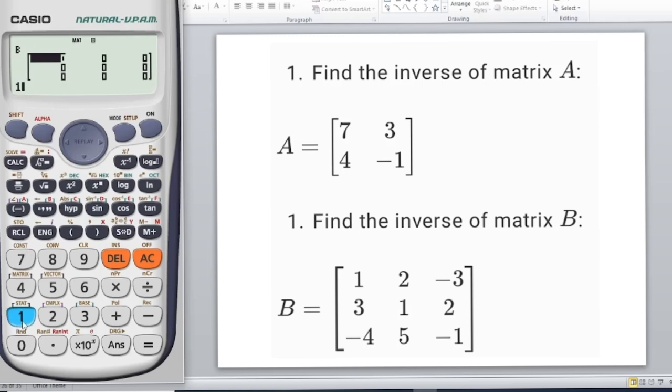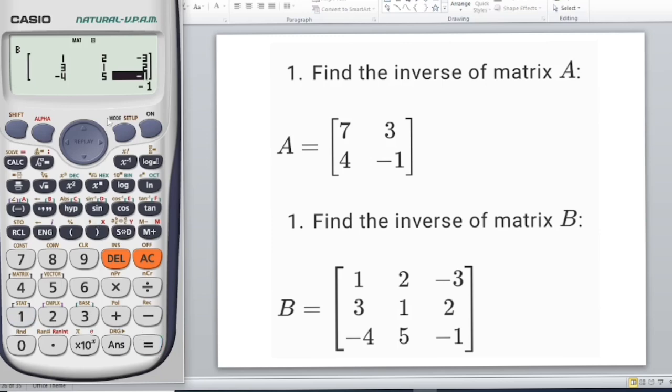Put in the value 1, equals to 2, equals to minus 3, equals to 3, equals to 1, equals to 2, equals to minus 4, equals to 5, equals to minus 1, equals 2. So this is what we have. Let's check if it's correct.